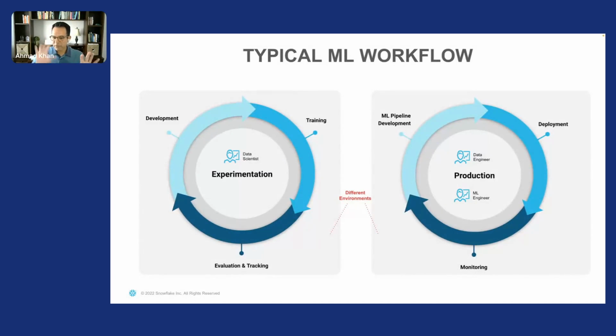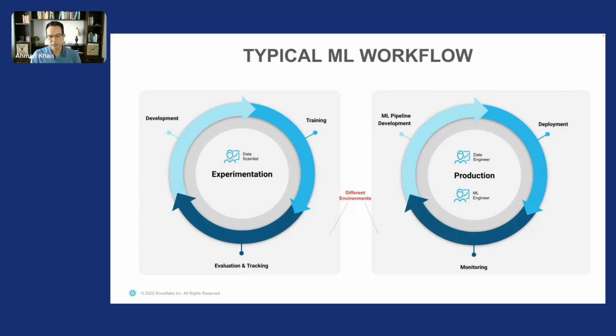For most organizations that are struggling with this, what ends up happening is that these two cycles are really happening in two different environments. Those environments might be totally separate for data, and a lot of times they're separate for compute processing as well. Data scientists might be leveraging one compute service and an extracted CSV for their experimentation.